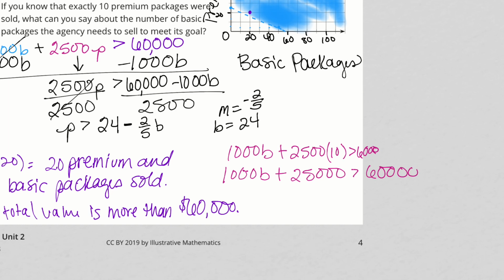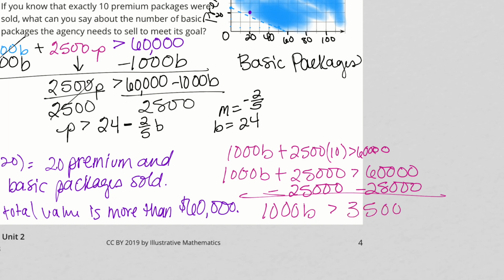I forgot a 0 up there. We subtract from both sides, so 1,000B is greater than 35,000. Divide by 1,000 on both sides. They need more than 35 basic packages.